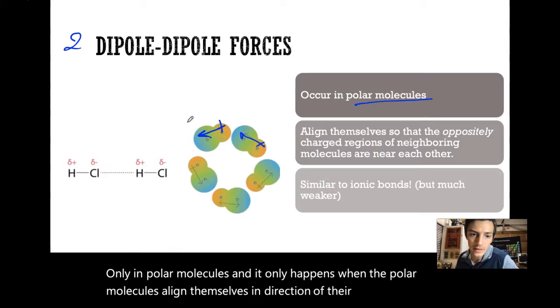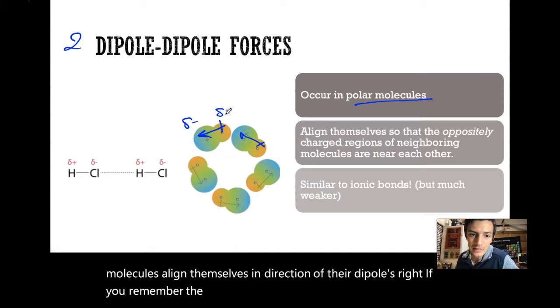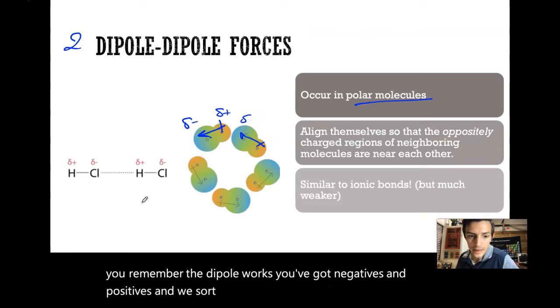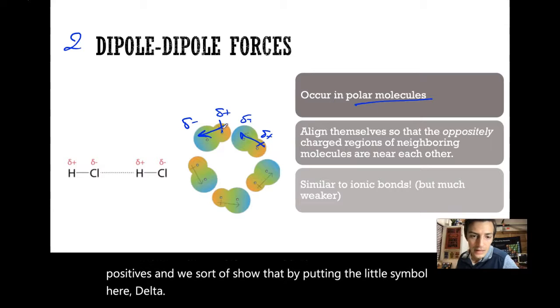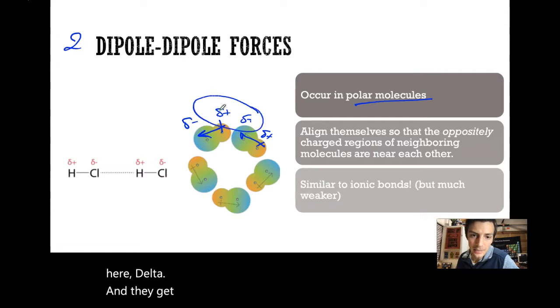If you remember the way the dipole works, you've got negatives and positives, and we show that by putting the little symbol here, delta, and they get arranged in negatives and positives, aligned together.